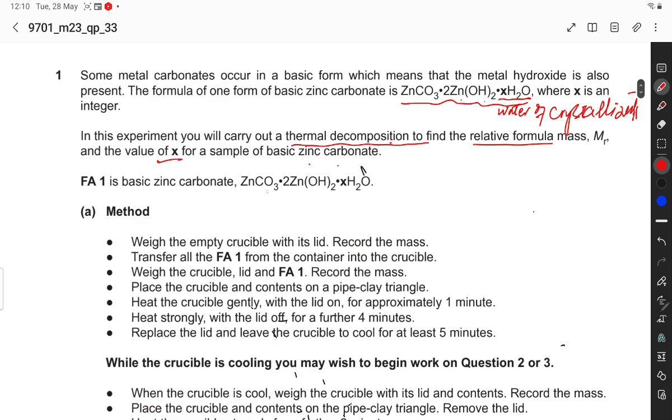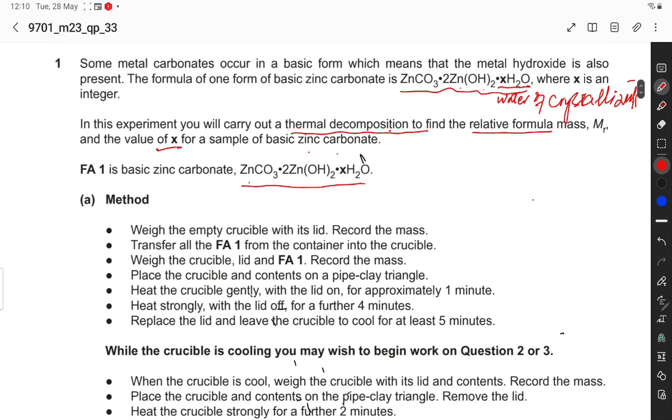FA1 is basic zinc carbonate. This is the basic zinc carbonate which has zinc hydroxide along with zinc carbonate and X water molecules, and we have to determine X, the number of molecules of water, as well as the Mr of this compound.